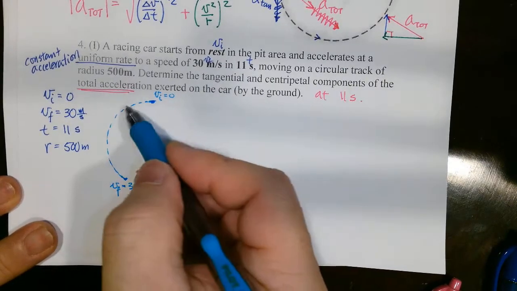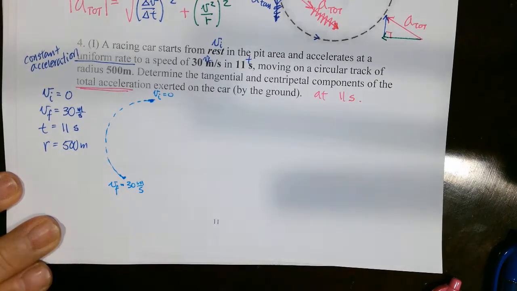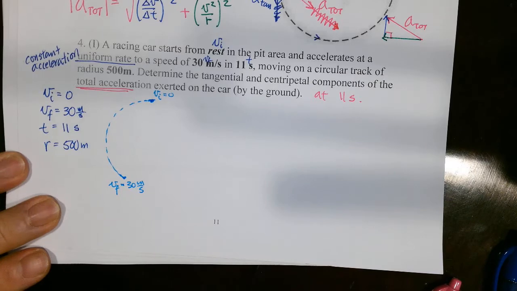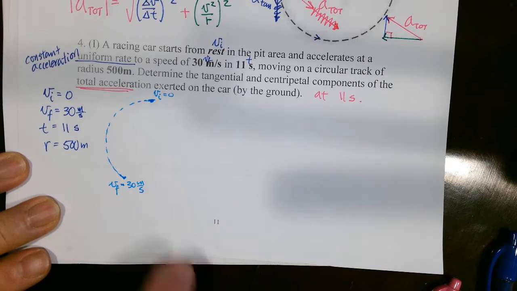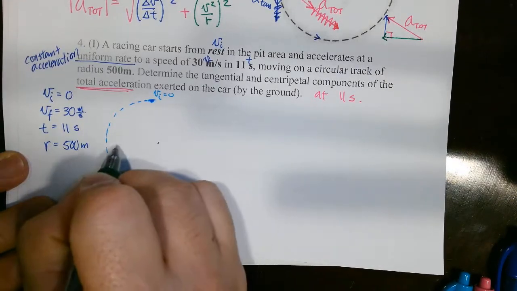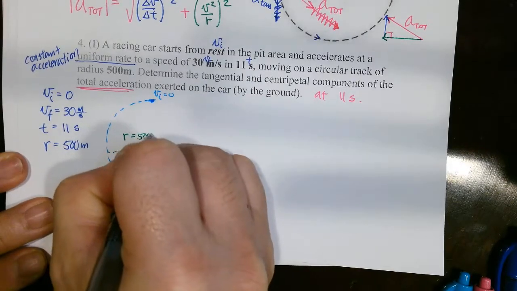I'm not exactly sure if it's going to be here or not. It could be here, it could be here, but we can definitely figure that out. But here, this is R, and R is equal to 500 meters.